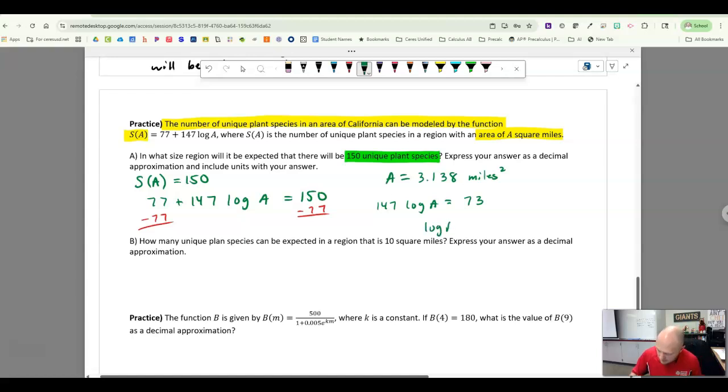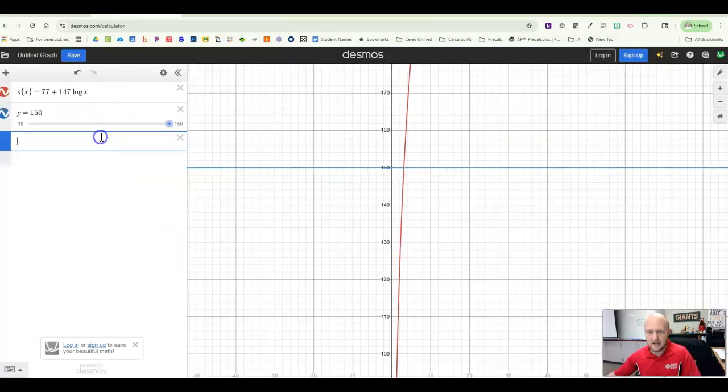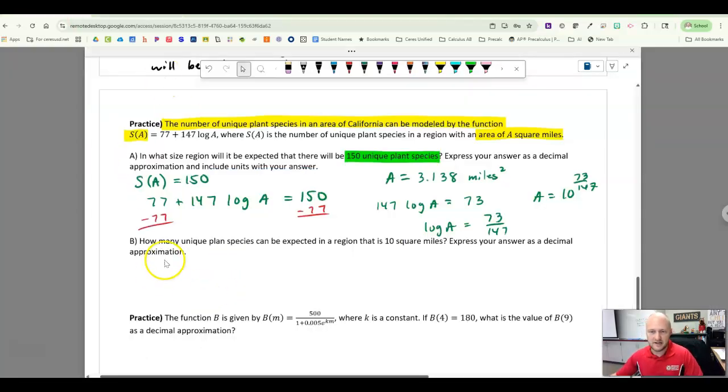Log of A is equal to 73 over 147, and then raise both sides to the power of 10. 10 to the power of 73 over 147. So you could do it algebraically as well, and you get the same exact value. Cool.